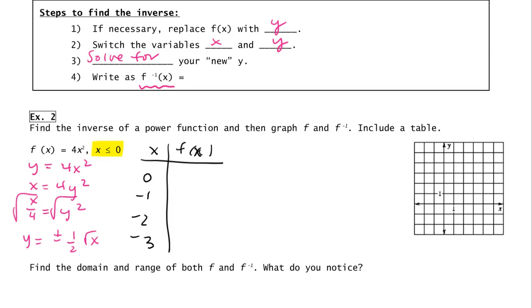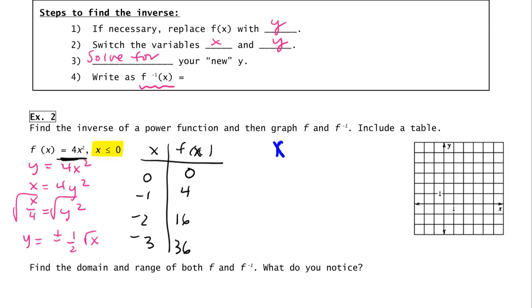If I sub these into this f function, a 0 gives 0, a -1 is 4, a -2 is 16, and a -3 is 36. Notice that all of my outputs are positive, all my inputs are negative. The outputs are all positive, or 0, because I'm always squaring.